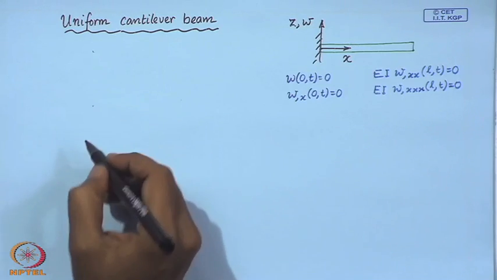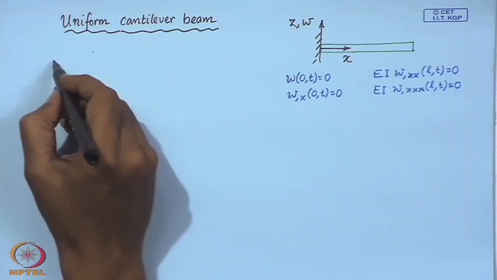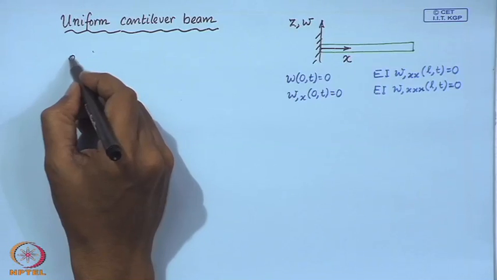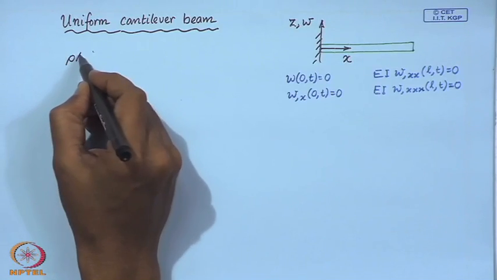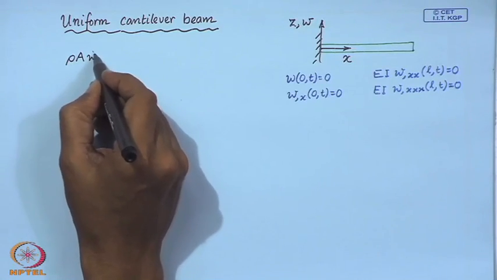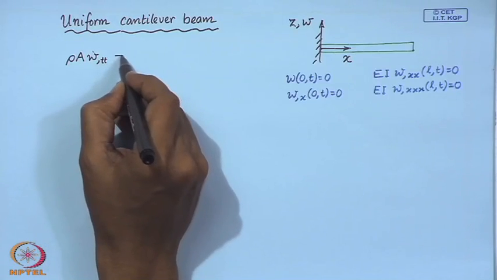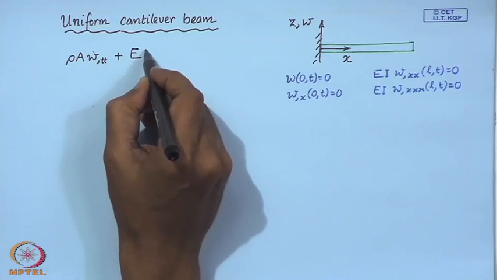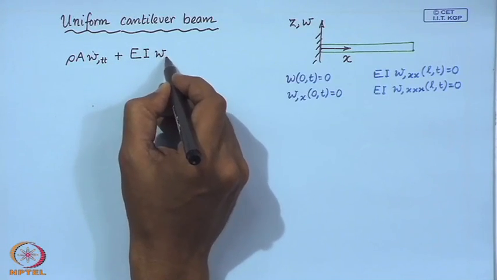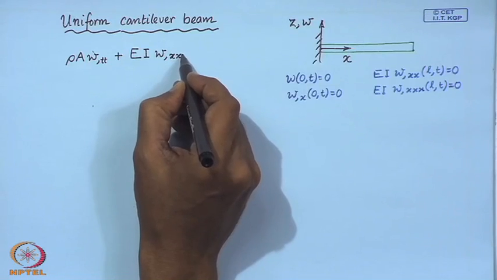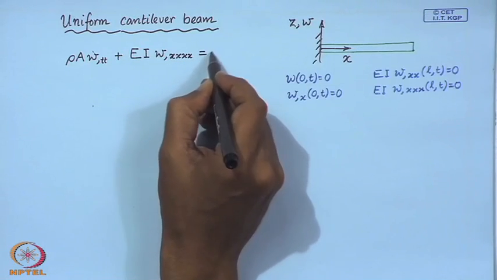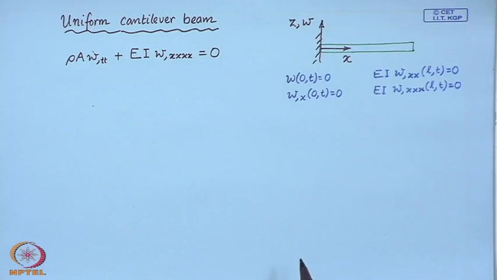Now the equation of motion remains the same. So, we are considering an Euler-Bernoulli beam with these boundary conditions.